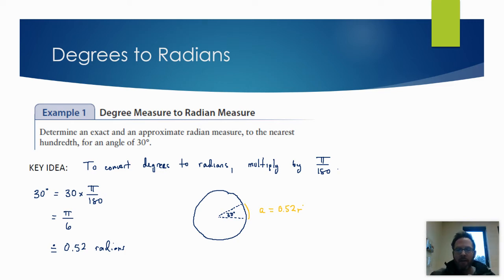So we're trying to make that connection between radians and the radius of a circle. So about 0.52 radians. But when we're working with angles in radians, we often leave them in exact form as a multiple of pi. Here, 30 degrees is 1/6 times pi.